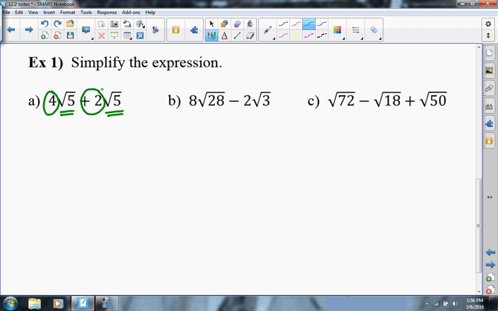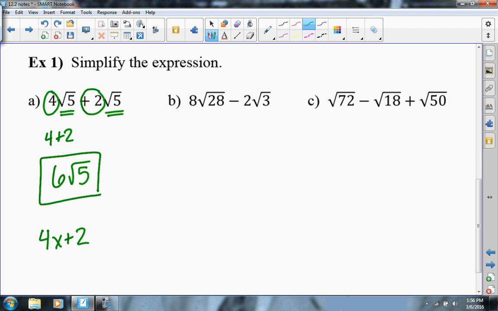We want to take the sign with the number. So we can do 4 plus 2 and get 6. So now we have 6 square root 5s. So it's kind of like taking 4x plus 2x and getting 6x. Same concept. And you can do that as long as the radicals are the same, as long as they have the same radicand inside.